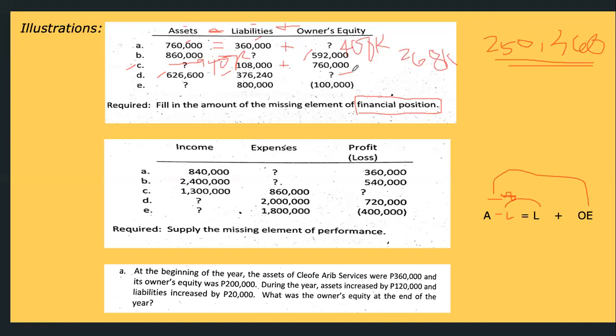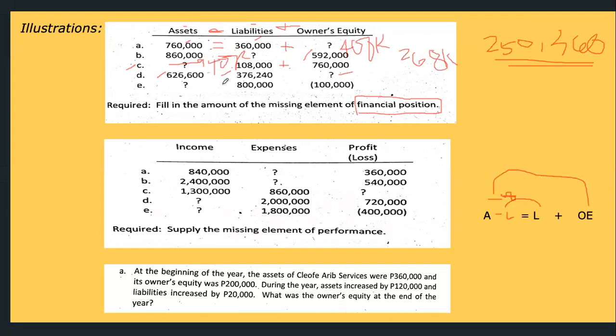Letter E, the missing account is assets. Right? So you have 800 liabilities, you have negative 100,000 for owner's equity. What does this mean? Based on the composition, maybe there were too many withdrawals, or there was a net loss. A net loss because expenses are greater than income.